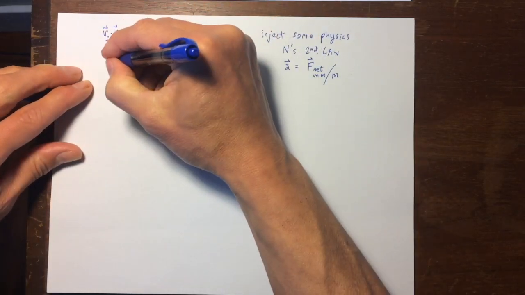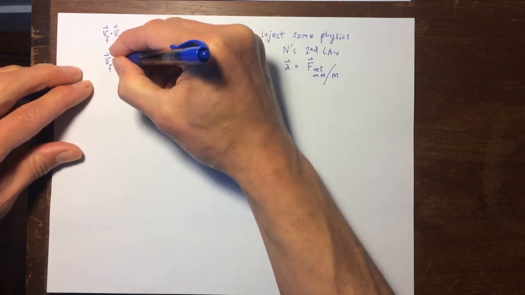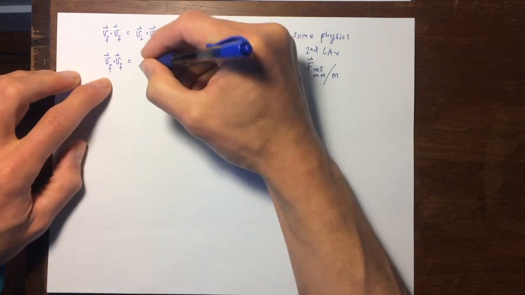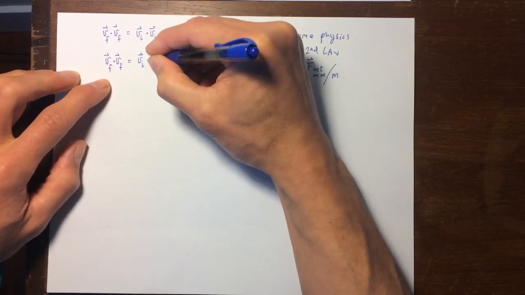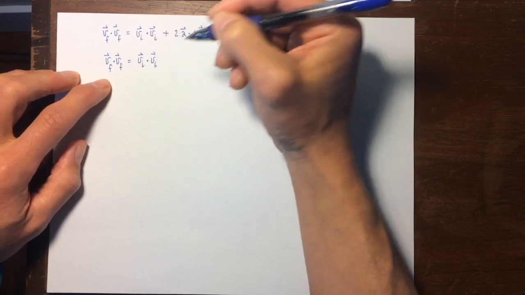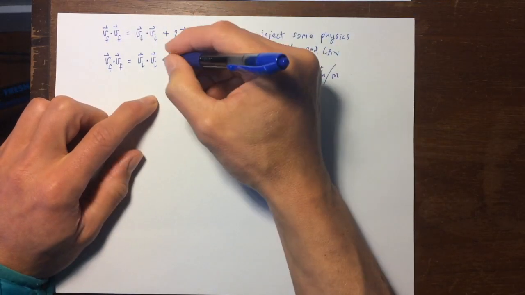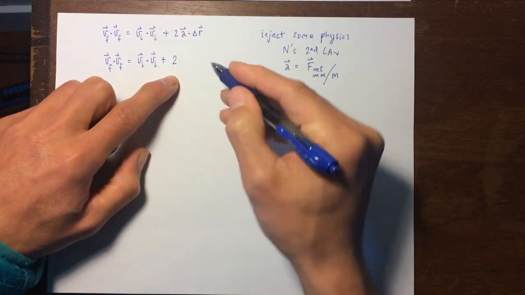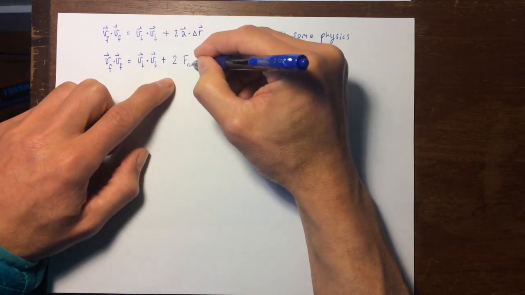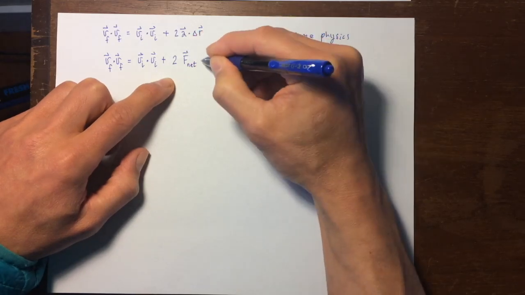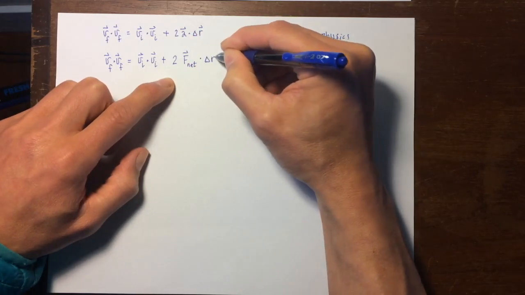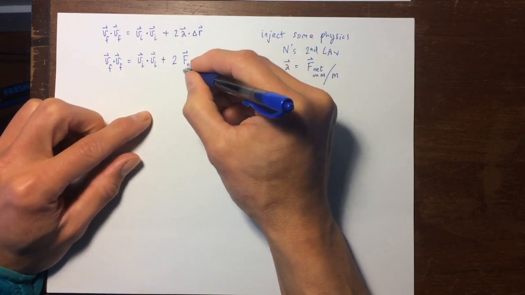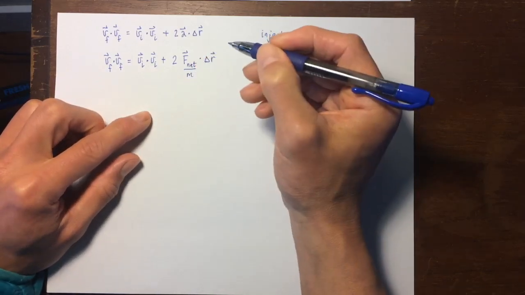So the physics is that the final velocity dotted against itself is the same as the initial velocity dotted against itself plus 2 times F net dotted with delta r, the displacement vector, divided by m.